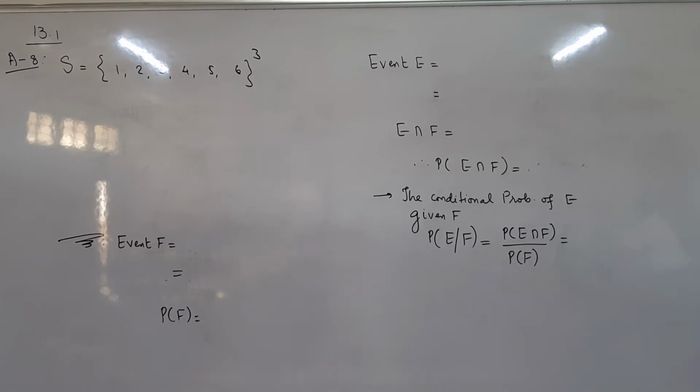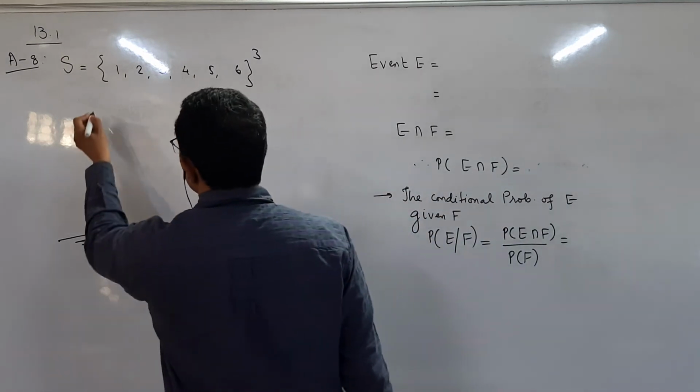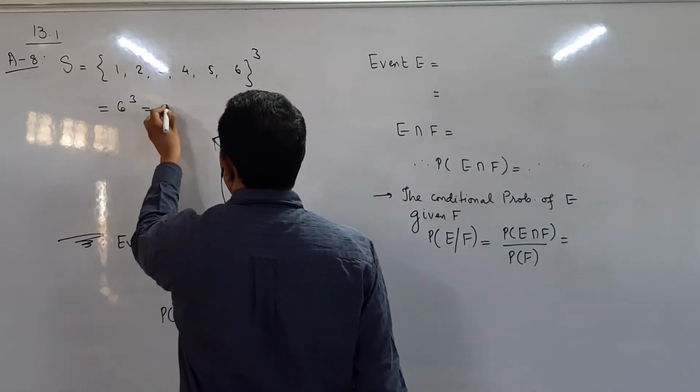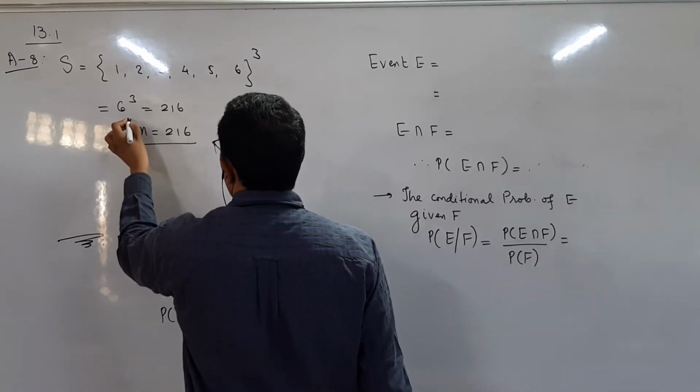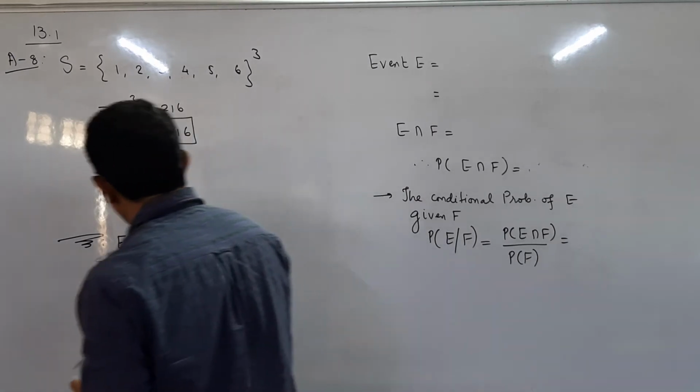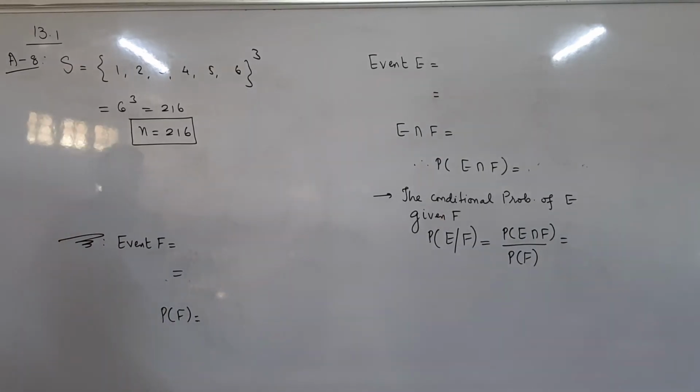Even if I toss it for the second time, we multiply the set of integers 1 to 6 into the set of integers 1 to 6, and same way for the cube. So this results to 6 cube, and that is 216 elements. So I will not list all the 216 elements, but definitely I can say 216 elements, not 16. I shouldn't list all the 216 elements because it is a very lengthy process. In such a case, we write only total outcomes.